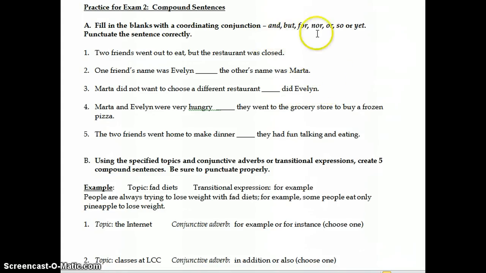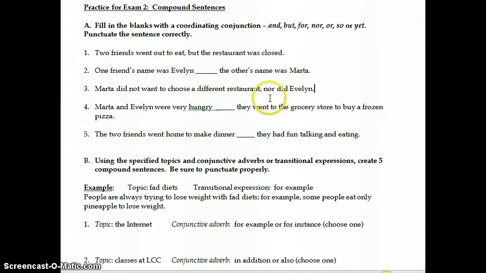And there's only one coordinate conjunction where we generally invert or change the order of the verb and the subject, and that is our coordinate conjunction nor. So let's put in a comma and use the coordinate conjunction nor and see if it makes sense. Marta did not want to choose a different restaurant, nor did Evelyn. So it does work in this case.